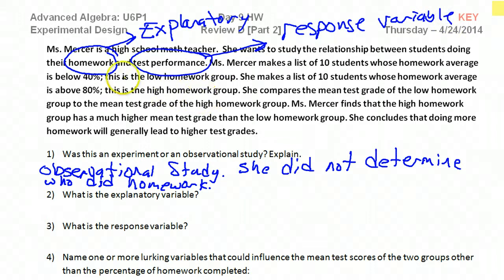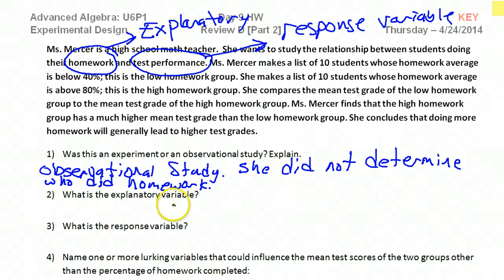Okay, so she's observing, do kids do their homework, and she's observing what effect that has on test performance. So it's like a potential cause and the potential result, possible result. So I already answered the question.